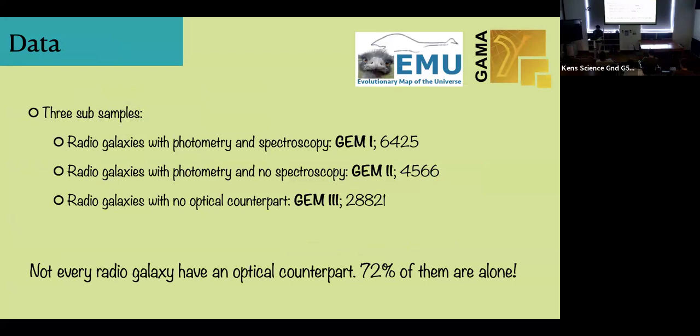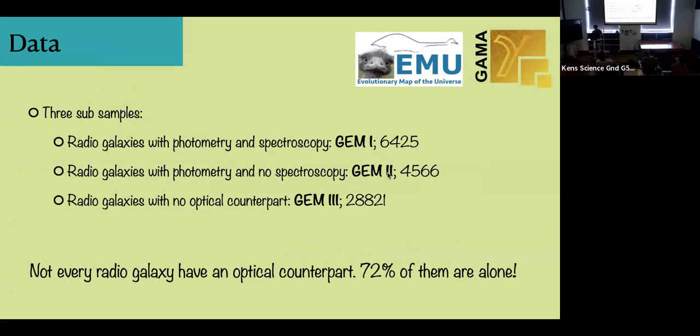Okay, so I divide my sample into three. GEM is a short form for GAMA and EMU. GEM1 corresponds to the sample that has an optical counterpart, so basically a spectroscopic redshift, and the radio sample.